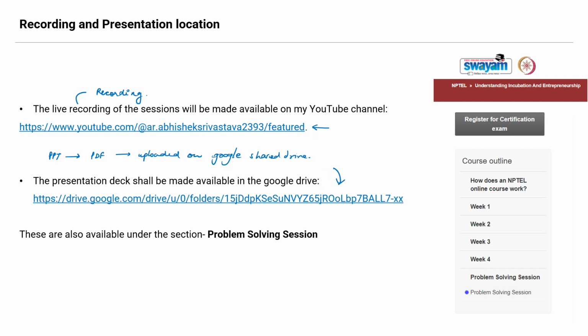Now you don't have to recall and remember these two links, because there is something called the problem solving session, which is here. When you click on this particular link, it leads you to a page which says click here. And the moment you click here, it will lead you to a spreadsheet, which is basically in an Excel format.